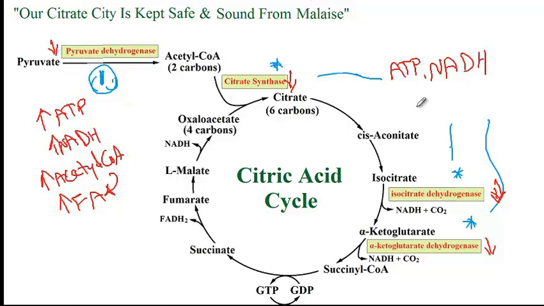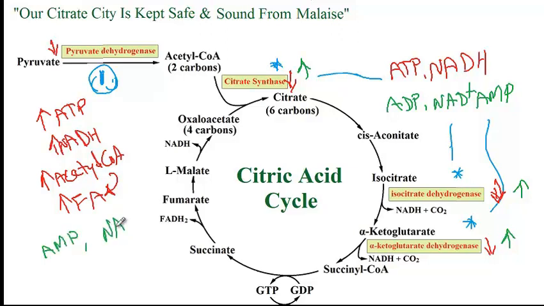On the other hand, if we have high concentration of ADP, NAD+, or AMP, then it means that we don't have enough energy, so the rate of these reactions will increase in order for the citric acid cycle to produce more energy. Same for pyruvate dehydrogenase. If you have AMP or NAD+, or high concentration of coenzyme A that needs to be converted into acetyl coenzyme A, then the rate of the pyruvate dehydrogenase will increase.